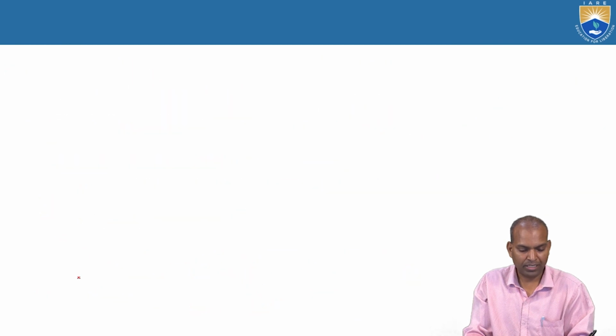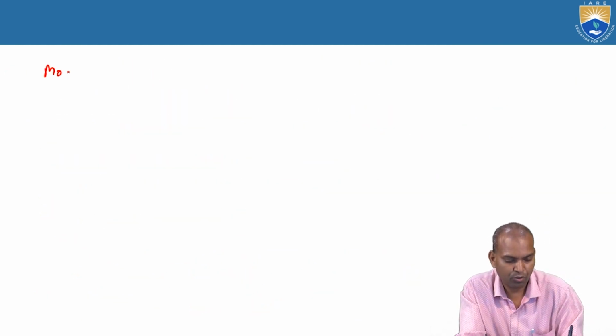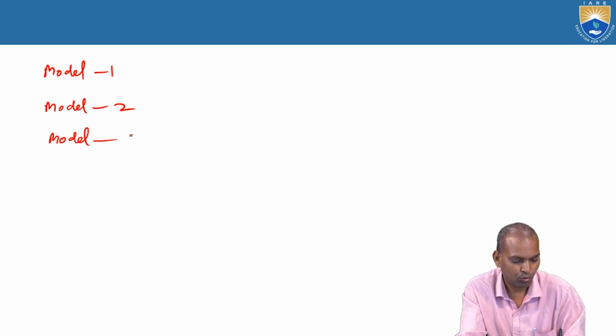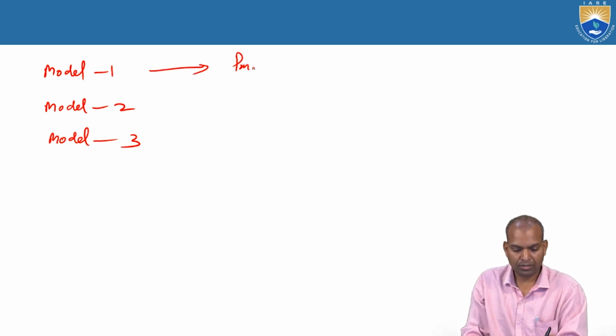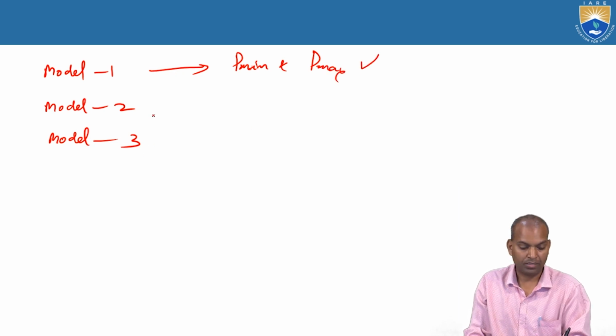Okay, let me summarize. There are three models covered here: Model 1, Model 2 and Model 3. Model 1, minimum force, minimum effort and maximum effort requirement.